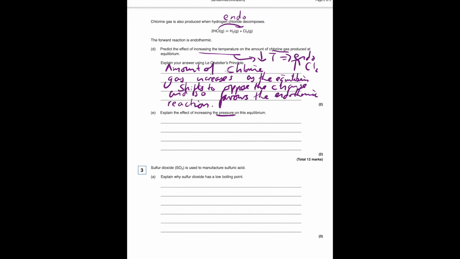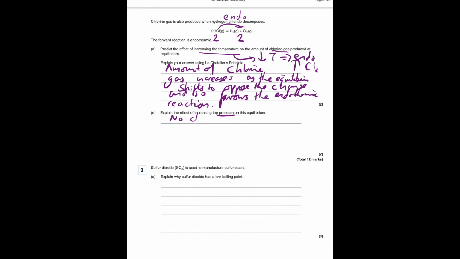Explain the effects of increasing pressure on the system. So here we need to look at the number of molecules on each side of this balanced equation. So on the left hand side we've got 2 for the 2 hydrogen chlorides. On the right hand side again we have 2, 1 molecule of hydrogen and 1 molecule of chlorine.